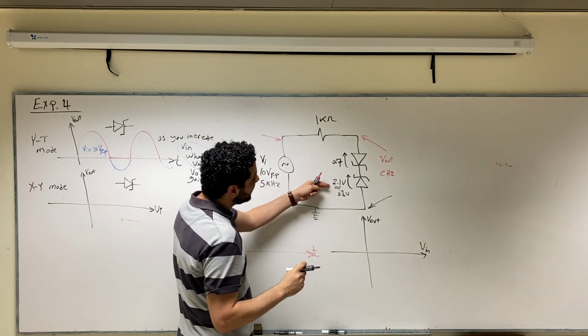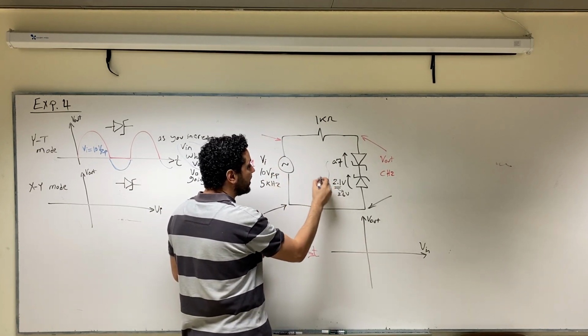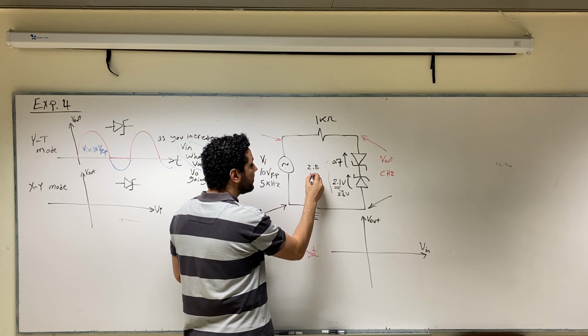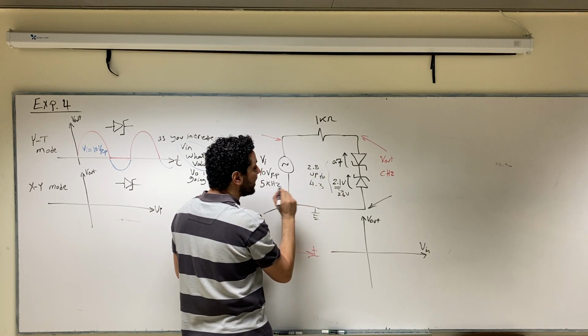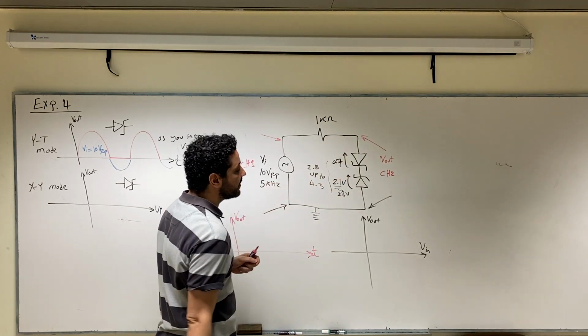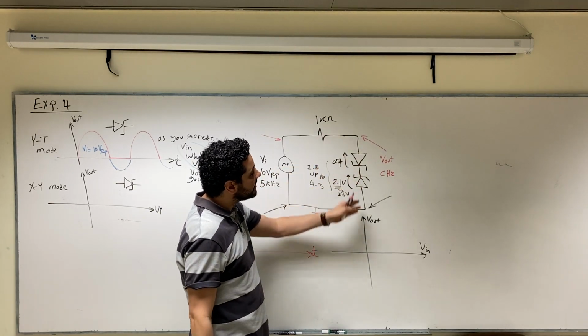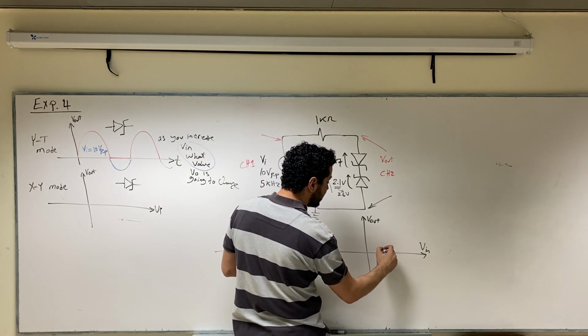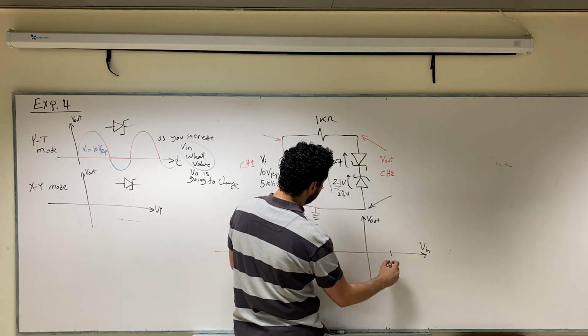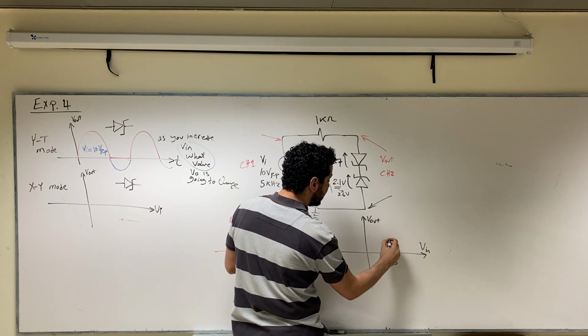So in total you will need between 2.8 up to 4.3 volt to operate this branch. When this branch operates, it will give you a constant V output. So when V input reaches high values, above let's say 2.8, you expect that V output is going to give you a constant.